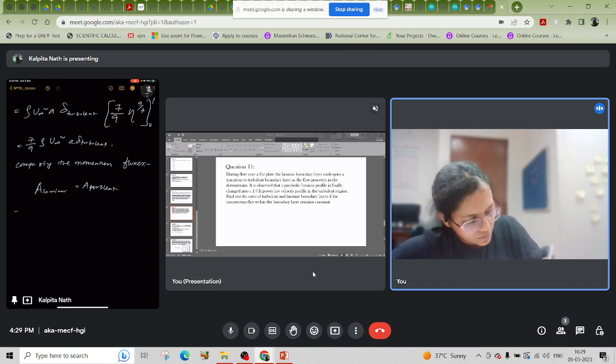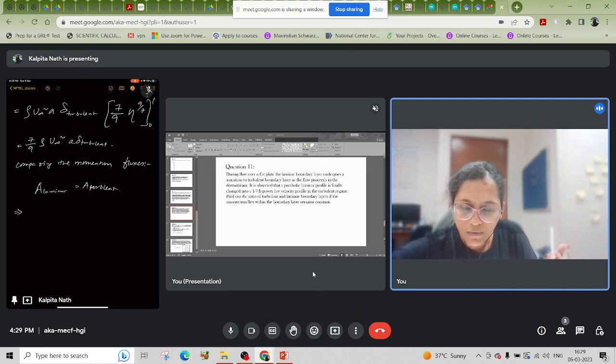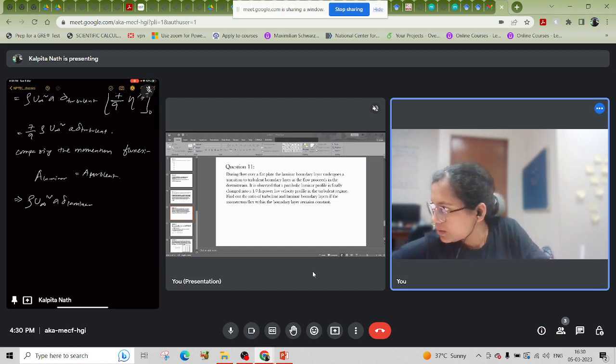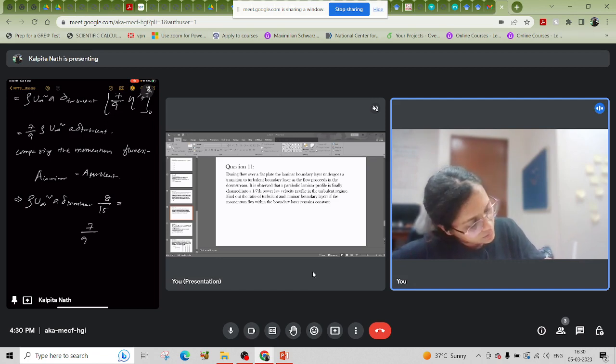It is said that the momentum flux with the boundary remains constant, so the momentum flux for laminar and turbulent will be equal. So rho u infinity square A delta laminar 8 upon 15 is equal to 7 by 9 rho u infinity square A delta turbulent.